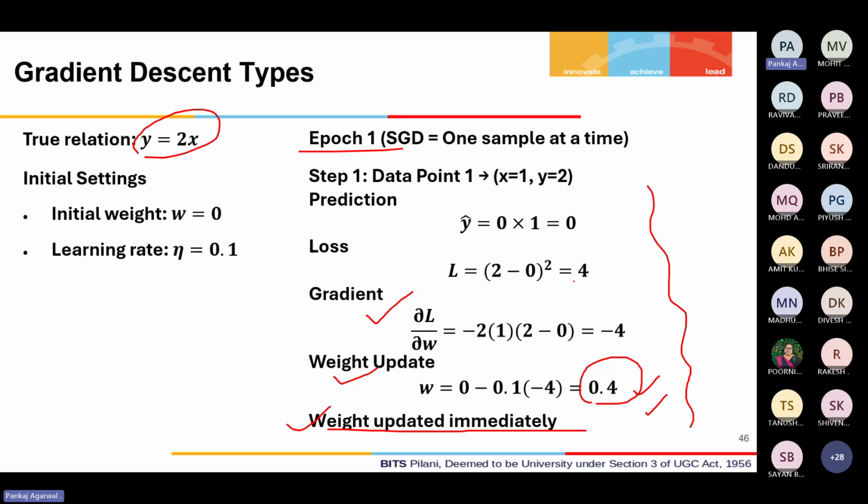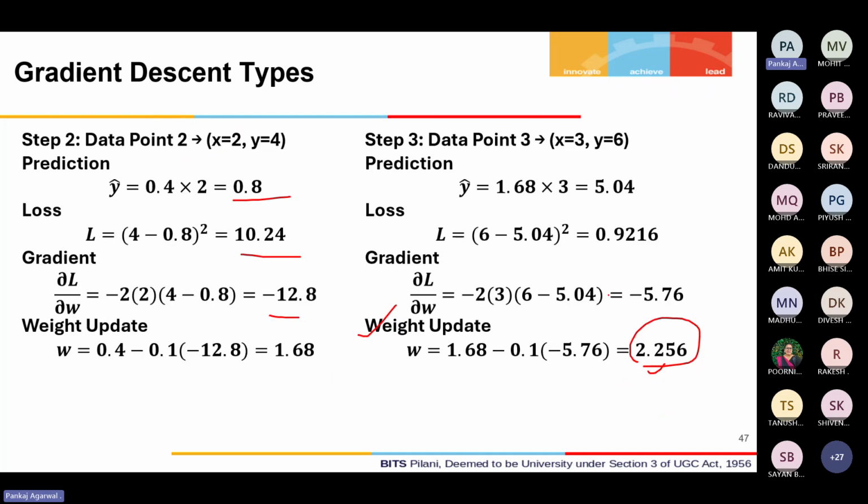Not exactly, but yes, in a way, it is a cumulative effect. What you're trying to say is that data point one would affect data point two, then data point two would affect data point three. Yes, in a cumulative manner, it is getting affected, definitely.